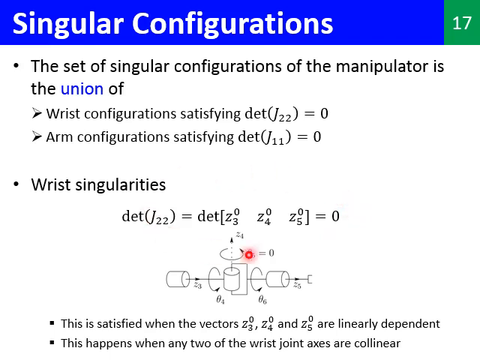So this is satisfied when the vectors z_3, z_4 and z_5 are linearly dependent. Or in other words, when any two of these wrist joint axes are collinear, then we have a wrist singularity.